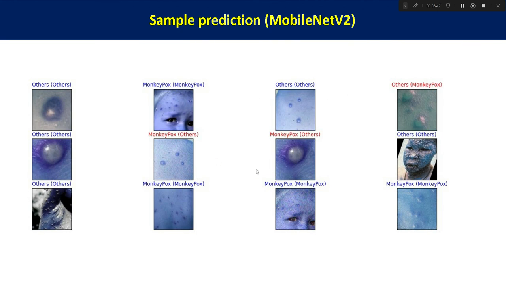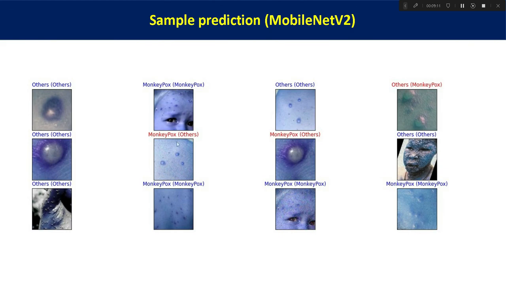So let's quickly see which are the right or wrong predictions. One thing I must tell you is that within the bracket is the actual class of the image, whereas the part just before the bracket is the prediction of the model. So this is the true class, this is the prediction.